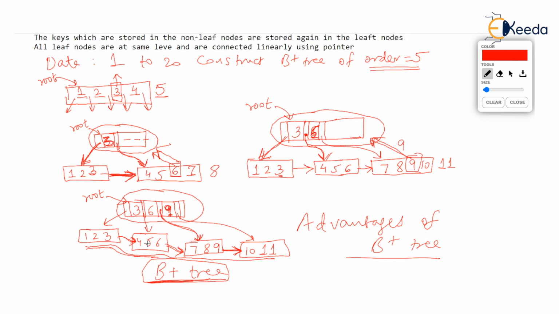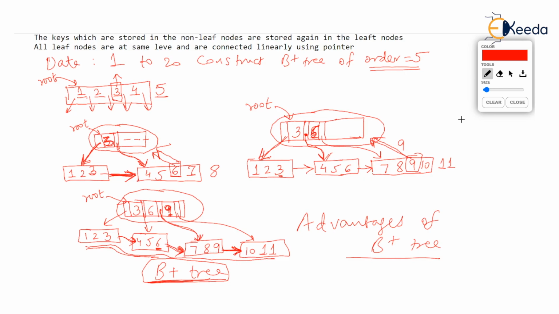And when you reach the left child 4, 5, 6, you get 6 over there. So you have found the key 6 and now you want values greater than 6 also. You can easily use the next pointer and go to the next node and say 7, 8, 9, then use the next pointer and say 10, 11 are the keys which are larger than 6.